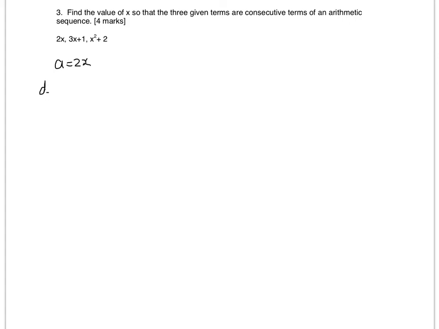So d is 3x plus 1, which is this term, minus 2x, which is the previous term. This has to be equal to the difference between this term and this term, so it has to be equal to x squared plus 2 minus 3x plus 1.